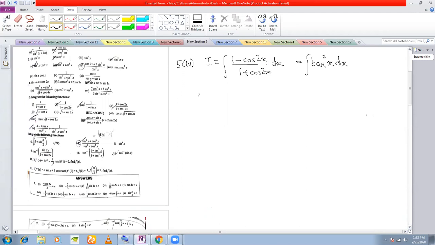How do you integrate tan square x? I'll just give you hints for this. The direct formula for this is tan square of half of 2x, which is tan square x. You know tan square x is equal to sec square x minus 1. Now you can do integral sec square x dx minus integral dx, and then integral of sec square x is tan x, integral dx is x.